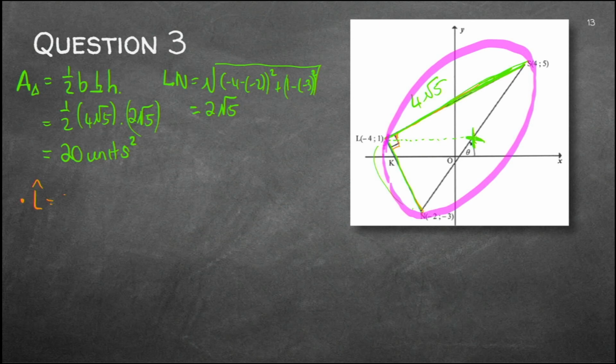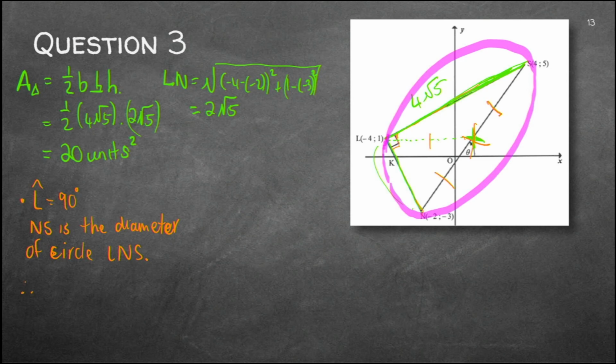Angle L is equal to 90 degrees, meaning NS is the diameter of the circle going through L, N, S. Meaning I just need to get the midpoint of NS because the radius would be the same distance.